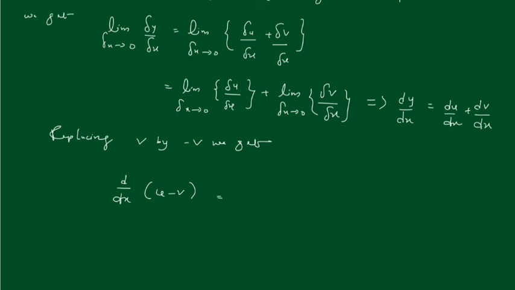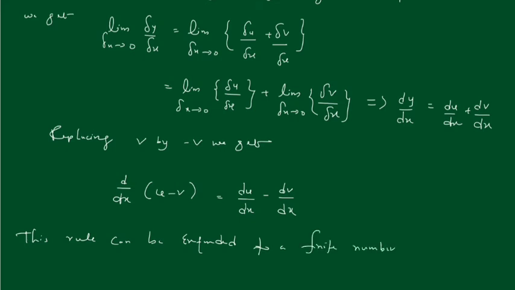So the next, replacing v by minus v, we get d by dx of u minus v is du by dx minus dv by dx. So this rule can be extended to a finite number of functions of x.